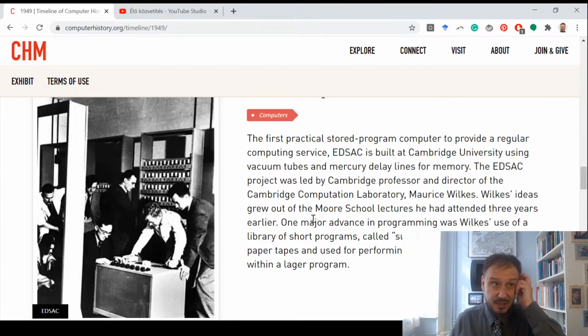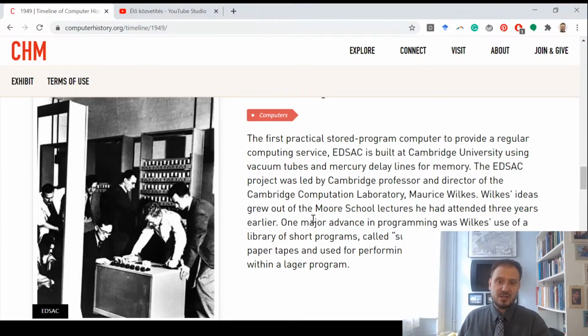As you can see, new ways of building computers are just being invented. And the director was called Maurice Wilkes, whose idea grew out of Moore School lectures he had attended 3 years earlier.